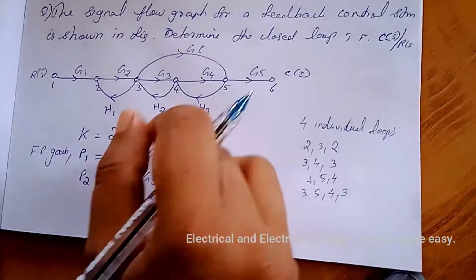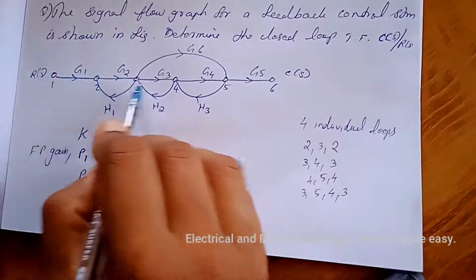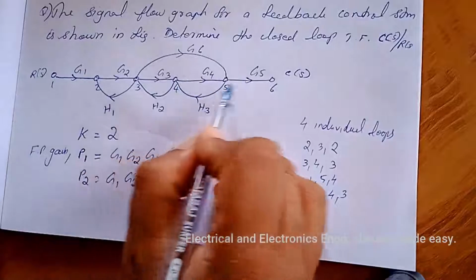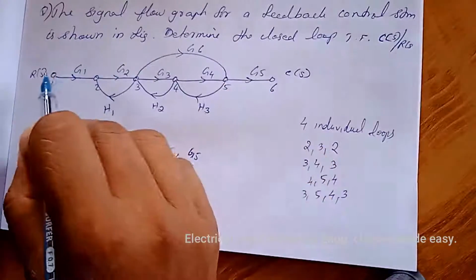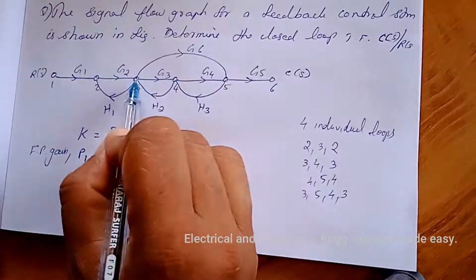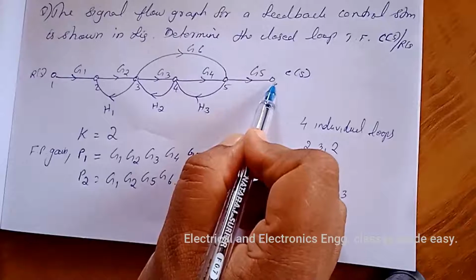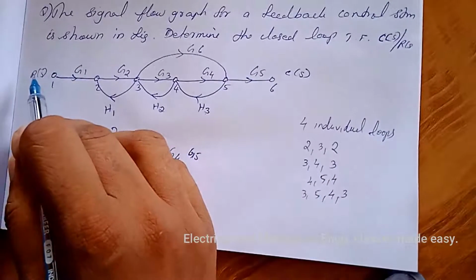Delta 1 is delta for that part of the graph which is not touching the first forward path. So this is the first forward path and there are no individual loops for this first forward path. So delta 1 is equal to 1 and we have to find delta 2.